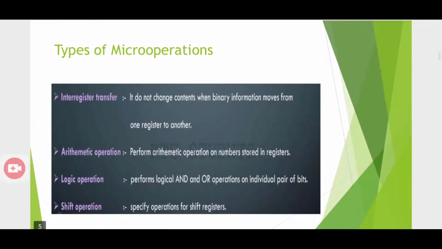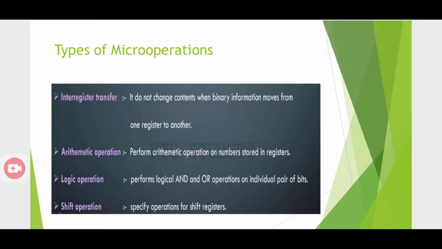And what are the types of micro operations? We have interregister transfer operation, arithmetic operation, logic operation, and shift operations. Mainly 4 types of micro operations: interregister transfer, arithmetic operation, logic operation, and shift operation. What is actually interregister transfer?